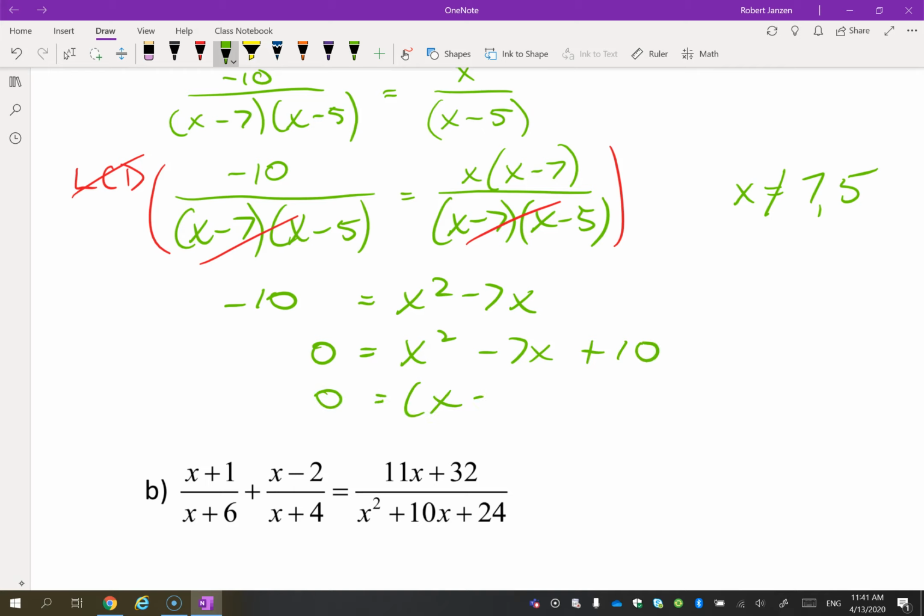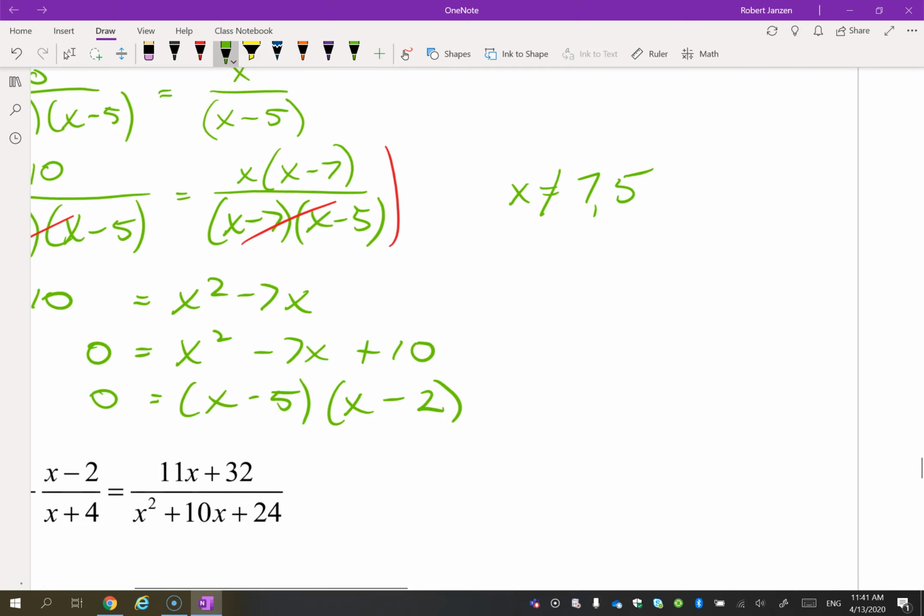This can be factored to x minus 5, x minus 2. So x is 5 or 2. But looking here, I have to reject that answer. Okay?